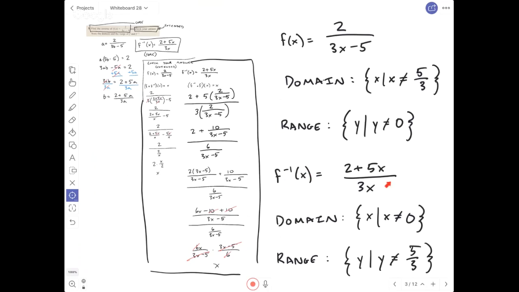So as soon as I know the domain of f inverse, I can go back and fill that in for the range of f. Does that answer your question, Shiva? Beautiful. Great question.